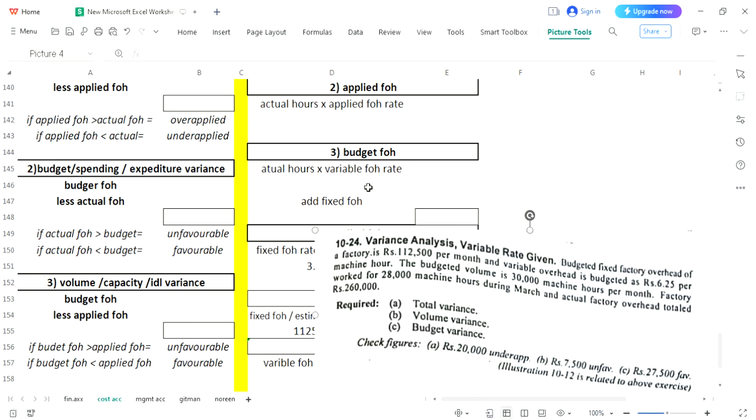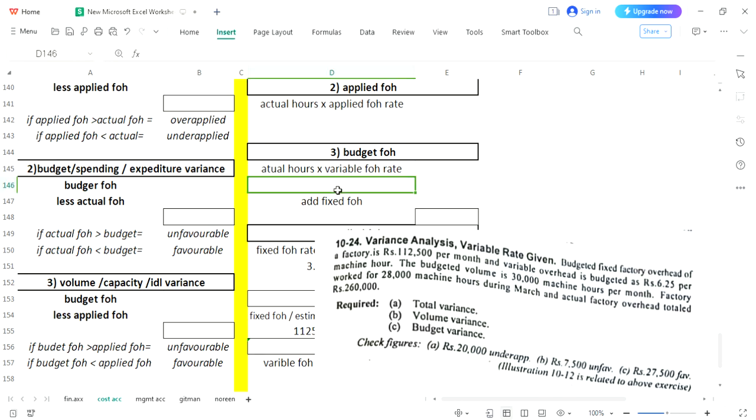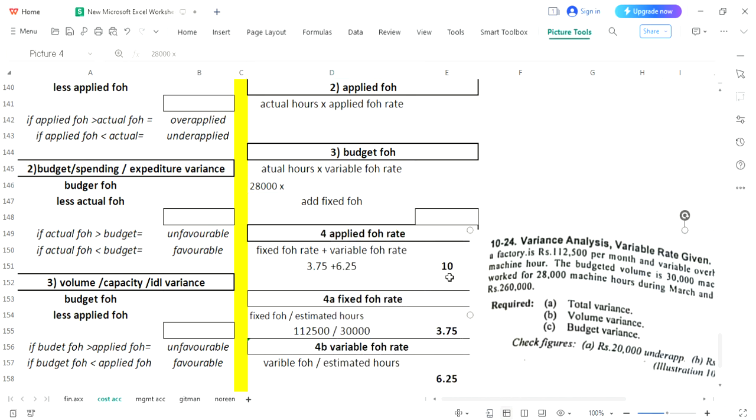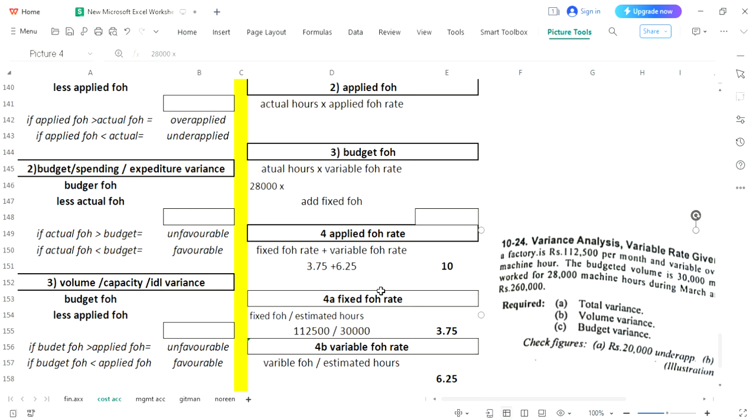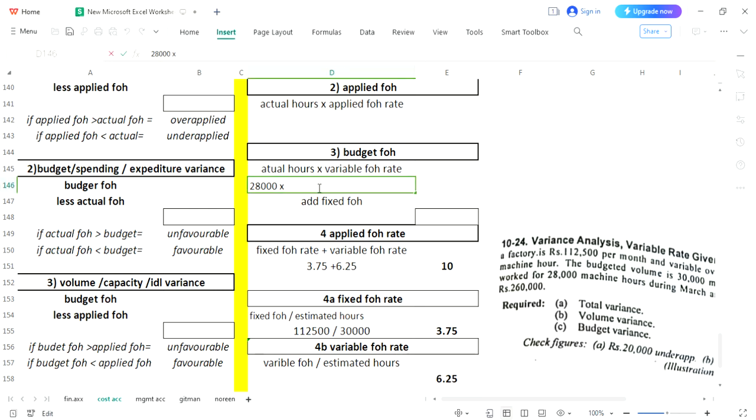So we have found our hours, which is 28,000, and we need to multiply. Follow this formula. We need to multiply it with the variable FOH rate. And as you can see, you have already calculated the variable FOH rate, which was 6.25. So you can put 6.25 over here, and now calculate the amount on the calculator.